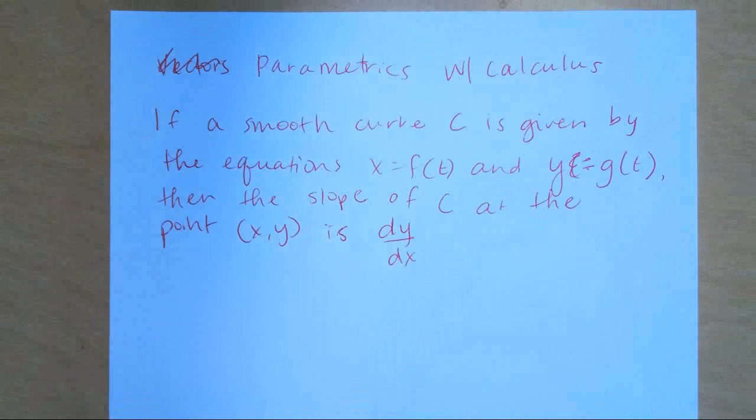Now think about this. I'll let you catch up writing and then we'll think. We have x and we have y, and we want to know dy dx. But y and x are both in terms of t. Anyone have an idea what we should do?